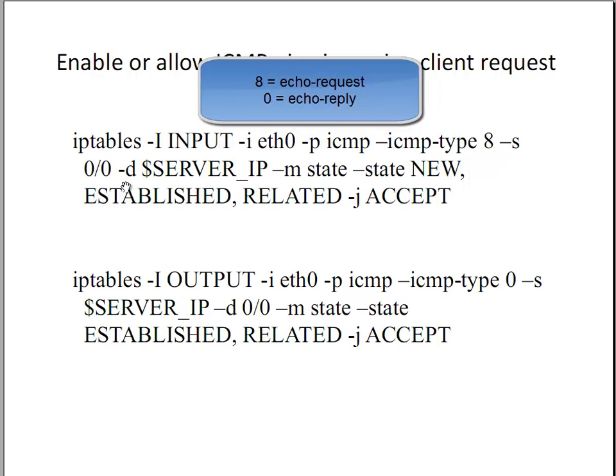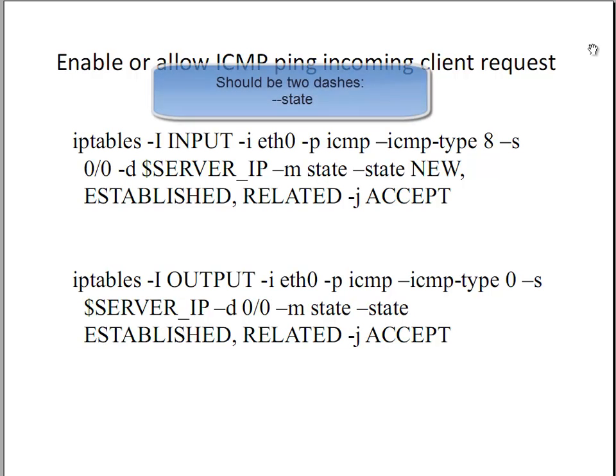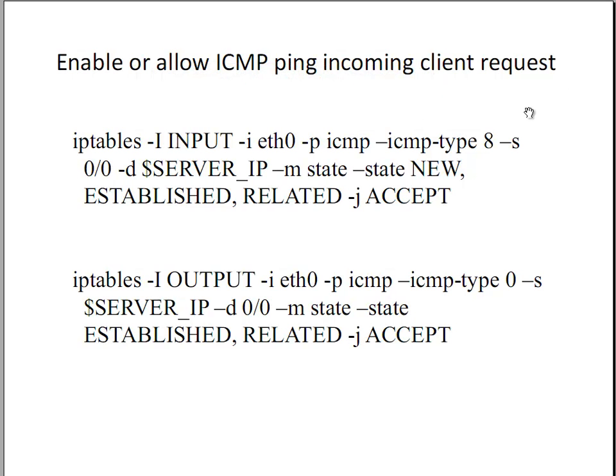-s, the source address is anybody. -d is our destination server. Notice we've added something new here. The -m state and the --state NEW, ESTABLISHED, RELATED. Recall that we talked about a stateful packet filtering firewall. What we're doing here by adding the -m state and the --state NEW, ESTABLISHED, RELATED, says that this is valid for all new connections or whether they're established and related.